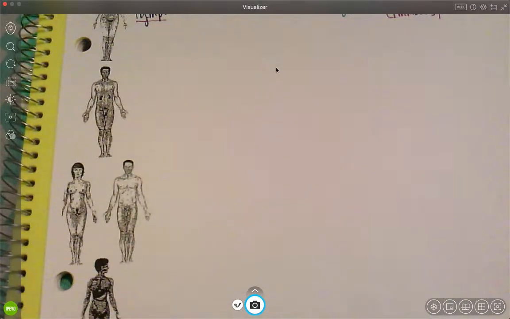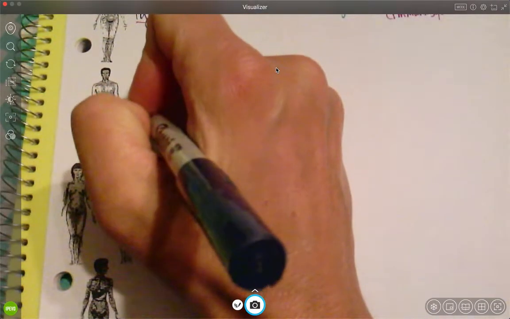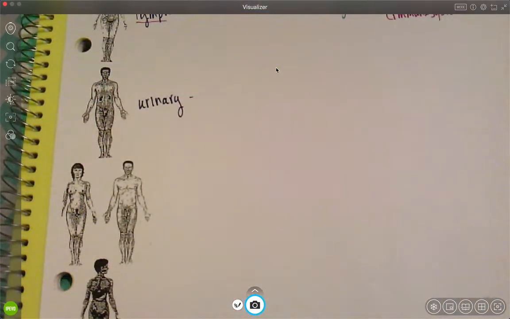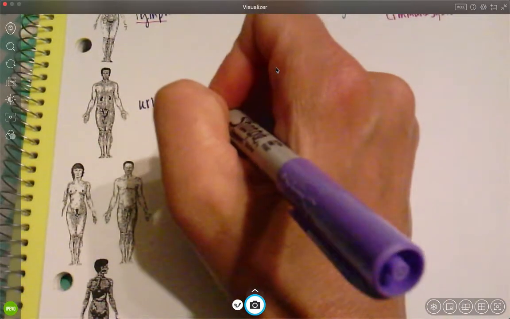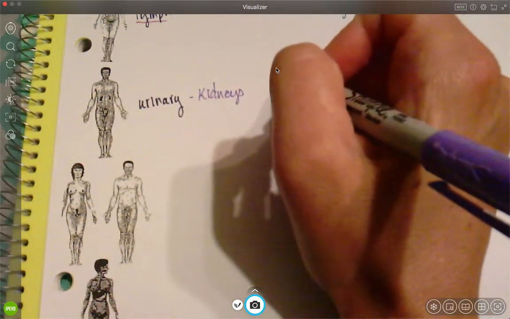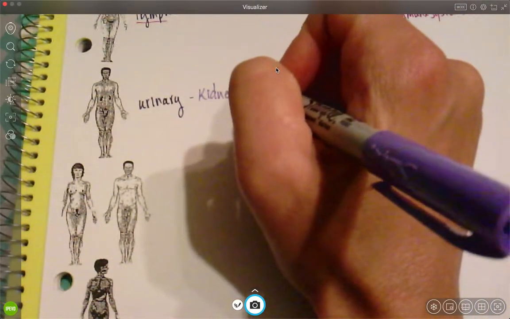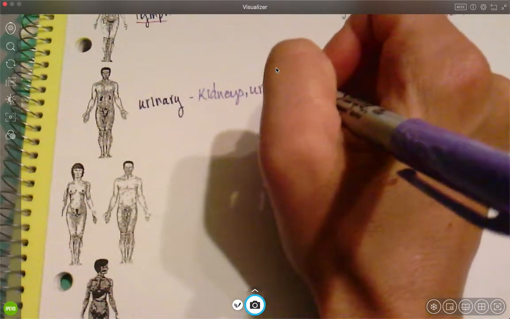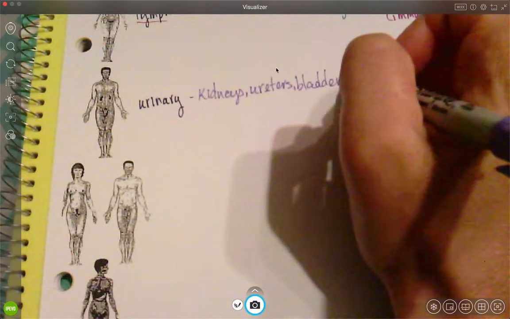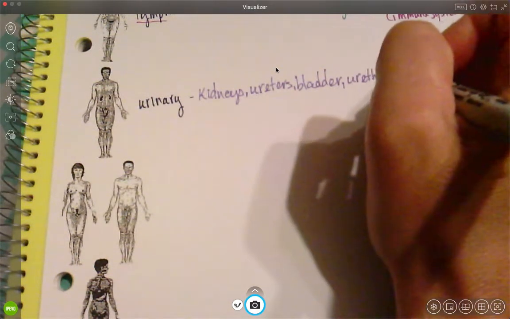The next part is the urinary system. So with my urinary system, we have the kidneys, the ureters, the bladder, and the urethra.